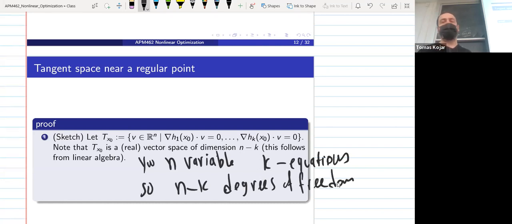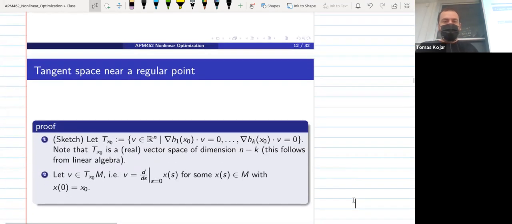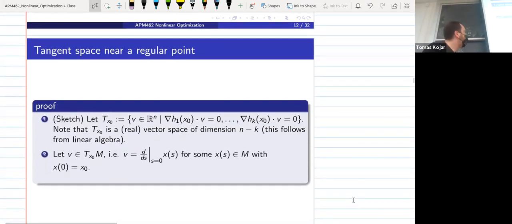If you remember from linear algebra, this is a subspace, and the dimension of the subspace is n minus k. All right, this is the definition. Unfortunately, we have to go back to it just one last time.